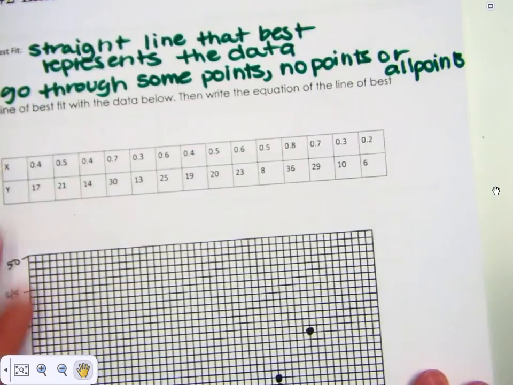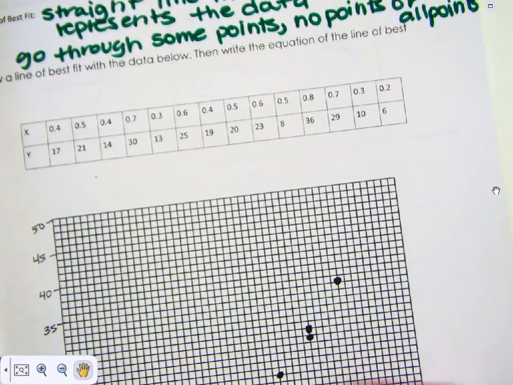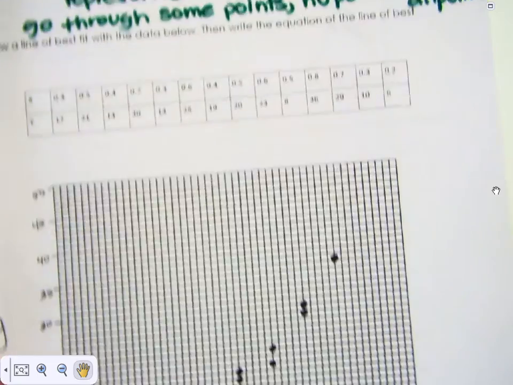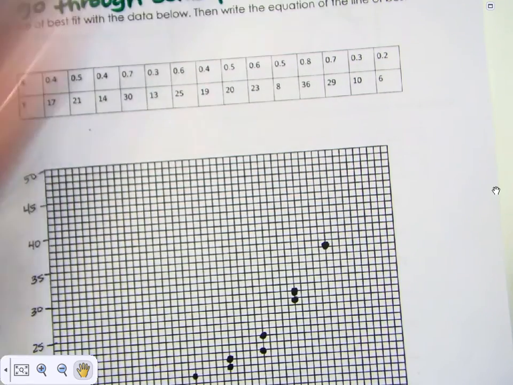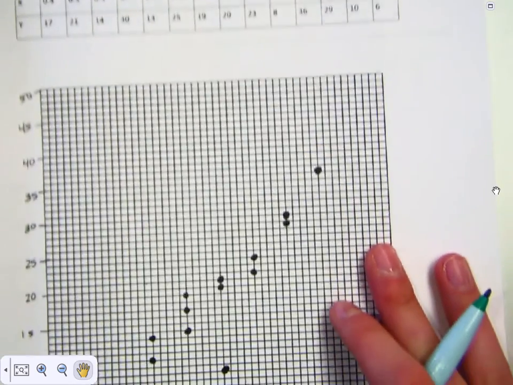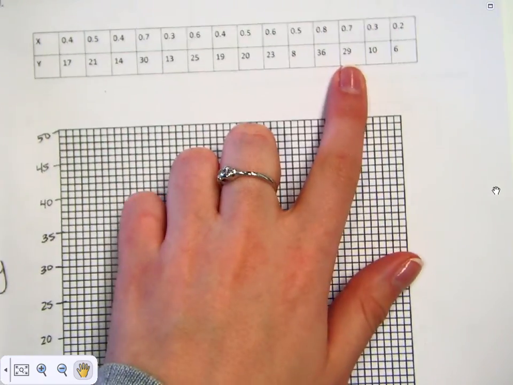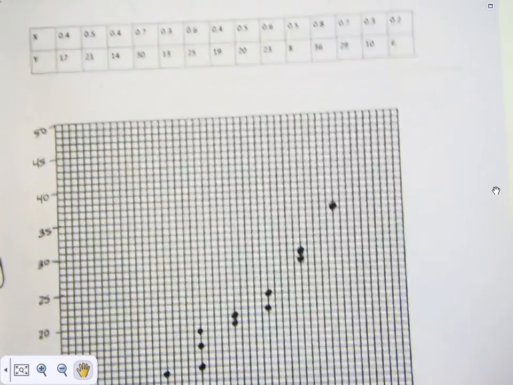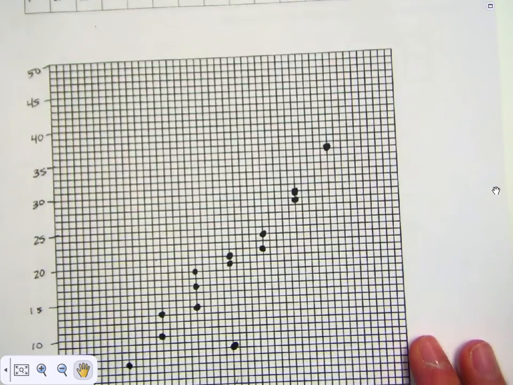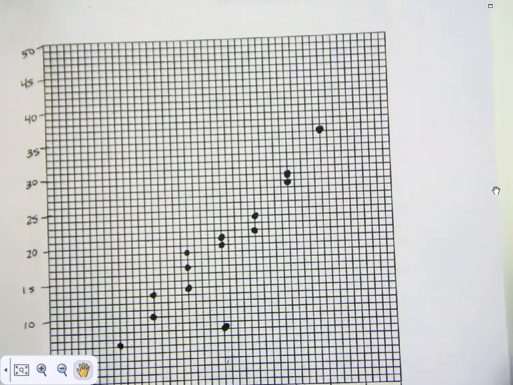When you draw the line of best fit, you want to do it kind of in the middle of all the points. You might need a ruler for this. These are our data points, and we just learned in the previous skill how to plot those data points. Now we're going to draw the line of best fit, the line that best fits the data.